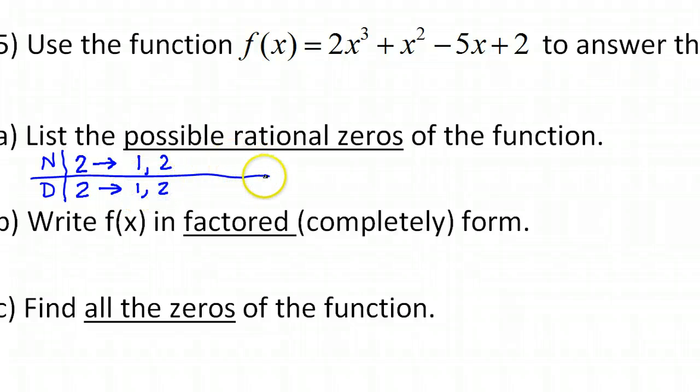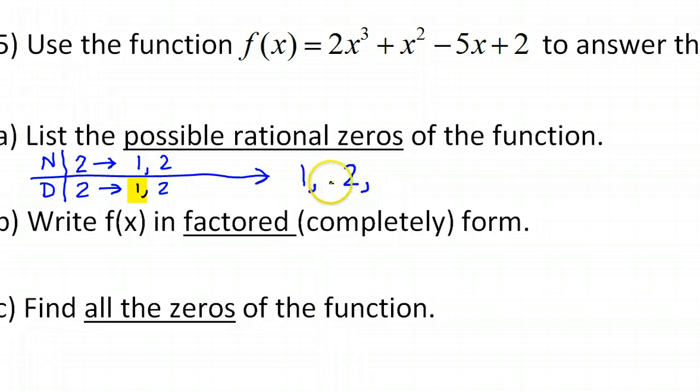So we are just going to mix and match these numerators and these denominators to come up with the possible rational zeros. So, starting with a denominator of 1, if I do 1 over 1 and 2 over 1, well, 1 over 1 is just 1, and 2 over 1 is just 2.